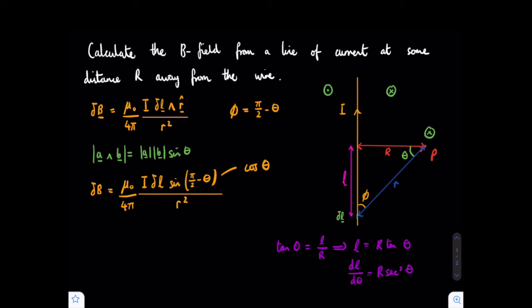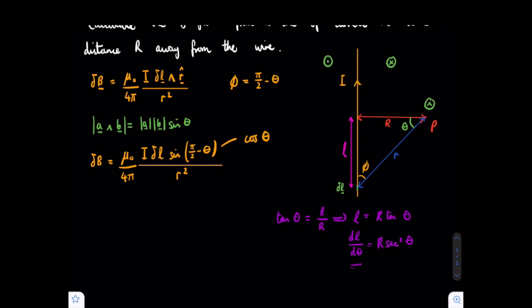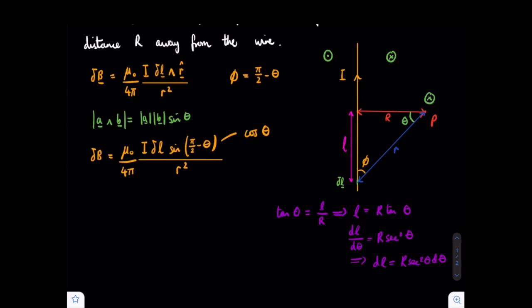That takes care of delta L. So we can just say that implies that delta L is equal to R sec squared theta d theta. Now we have written delta L in terms of theta, which is nice. Now we have this r squared.